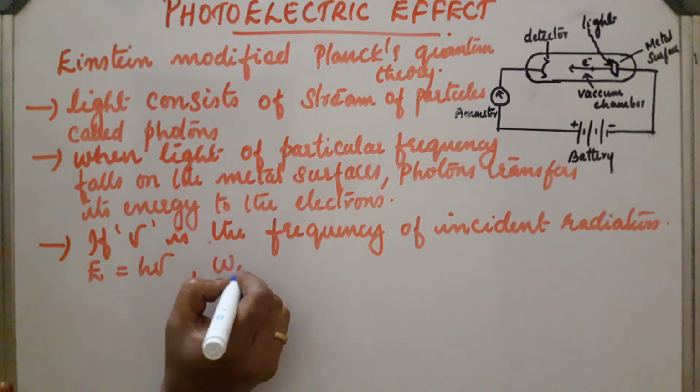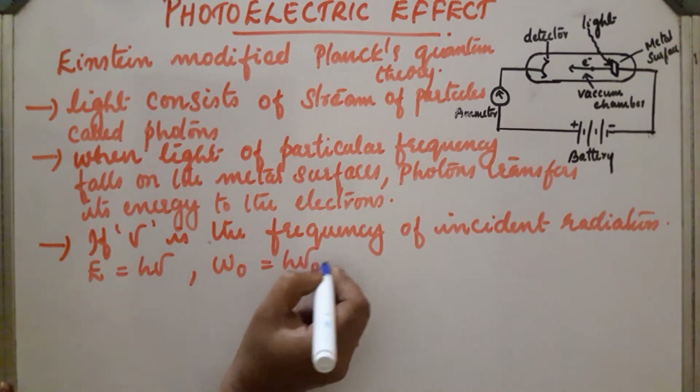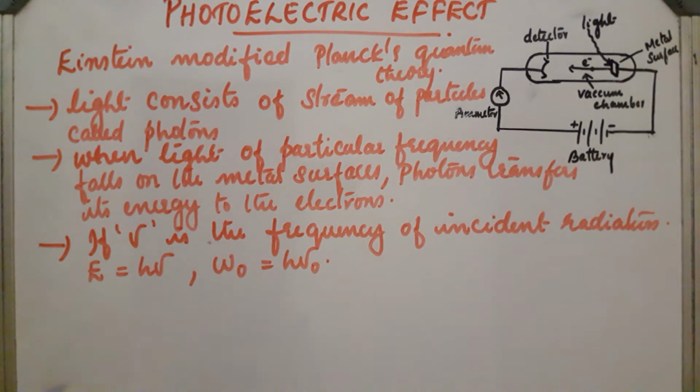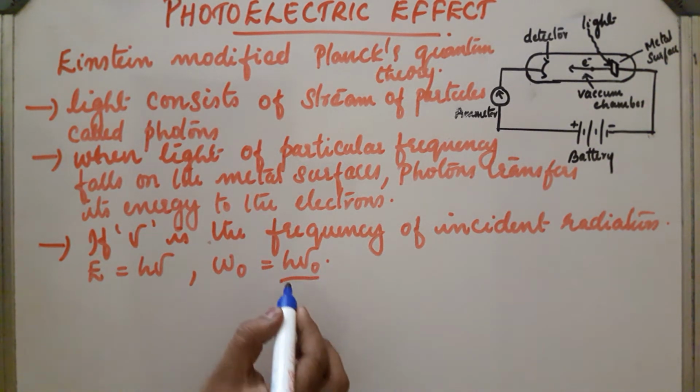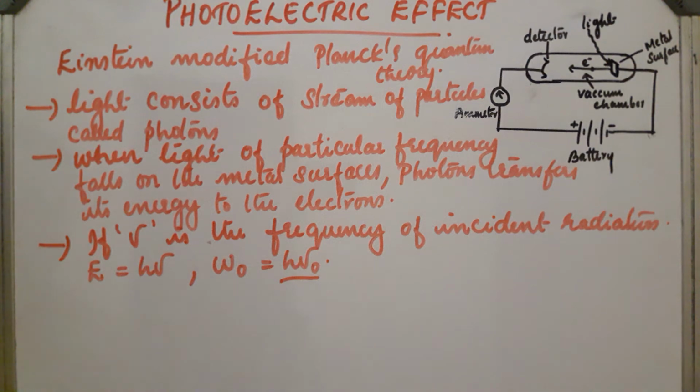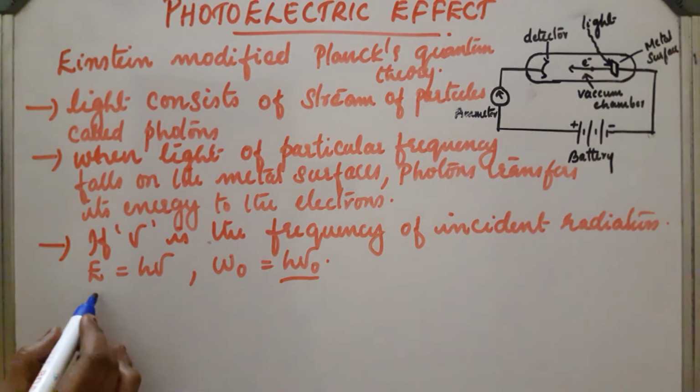Also we know the work function W is equal to h nu 0, where nu 0 is the threshold frequency. So incident radiation must have h nu value greater than h nu 0.